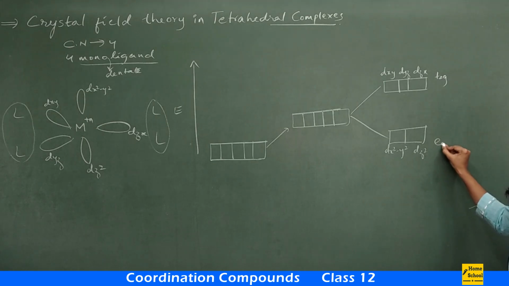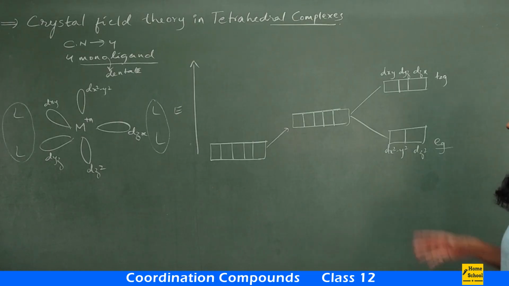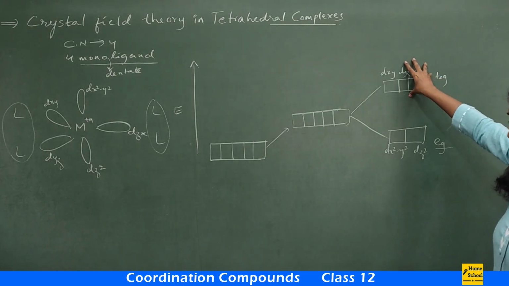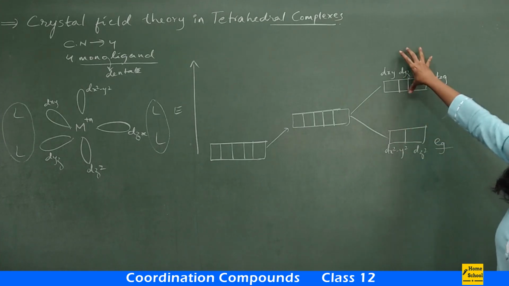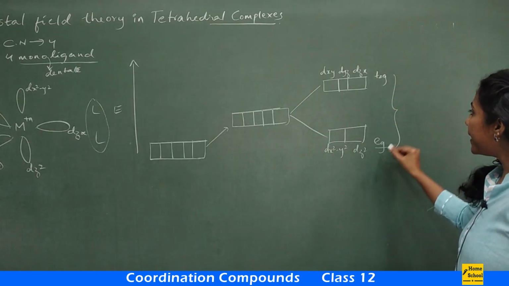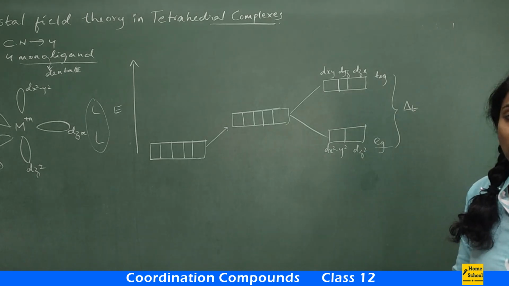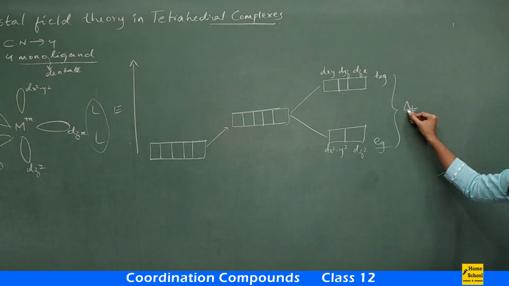This set is named the EG set. This is just exactly opposite to that of the octahedral complex. In the octahedral complex, I had put this set down and this set above. Now the thing is opposite, and this energy difference between the T2G and EG sets is called the CFSE of tetrahedral complexes, denoted as delta T.